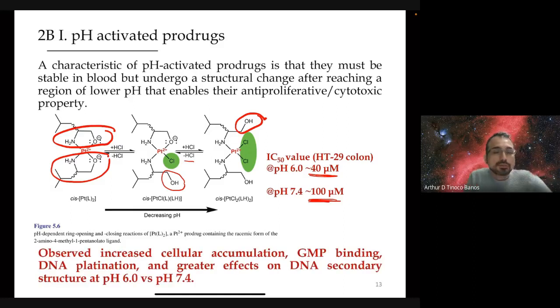Okay, so observed with this compound, observed increased cellular accumulation, GMP binding, DNA platination. So GMP, basically a monophosphate nucleotide with a guanosine residue, DNA platination, and greater effects on DNA secondary structure at pH 6 versus pH 7.4. Again, due to that built-in pH response.